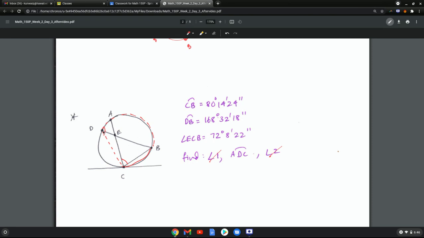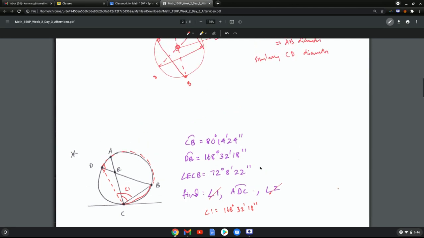Because there's a chord here, DB, and we have this particular length, we can find this bigger angle right here. Say angle 1. Angle 1 is just going to equal half the DB arc, which is 168 degrees 32 minutes and 18 seconds. Now, how does that work?